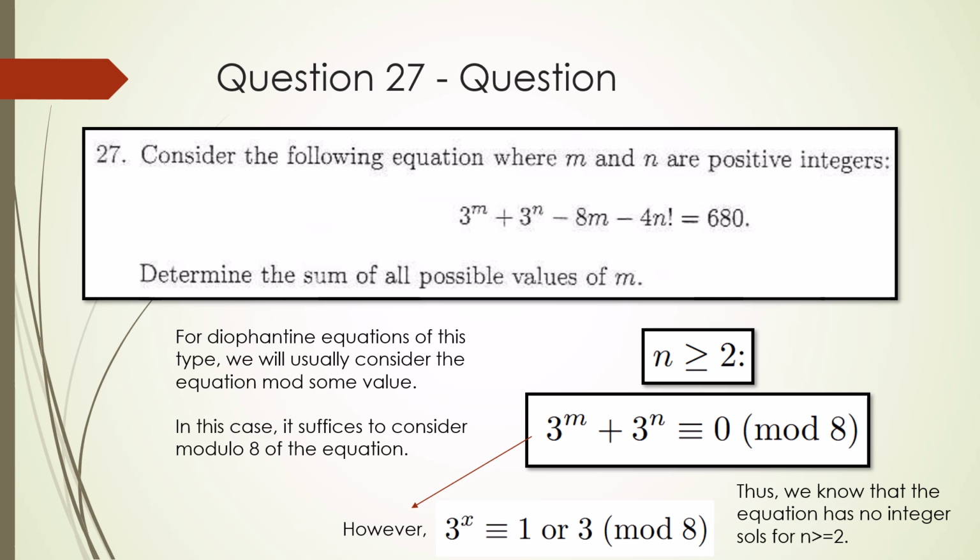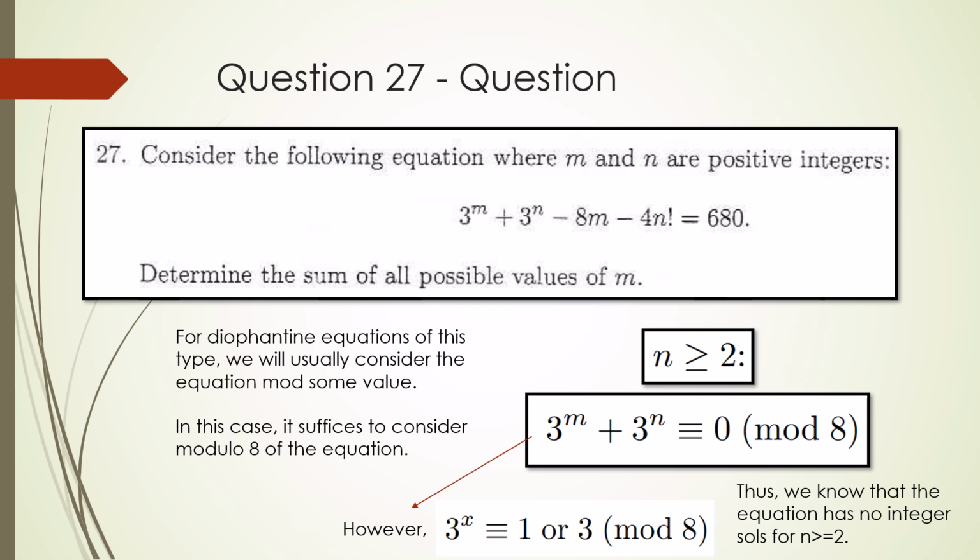Right? 680, you'll realize is actually 640 plus 40, which is equal to 85 times 8, if my math is correct. I apologize. So you realize that all three terms on the right essentially die off when you take mod 8. So essentially the equation becomes 3 to the power of m plus 3 to the power of n congruent to 0 mod 8.